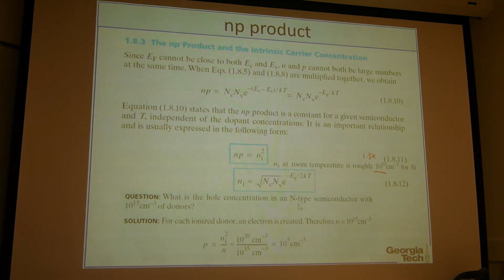First of all, this is an N-type semiconductor. That means you have donors, and the donors will contribute electrons. So one donor, one electron. Then you will get the electron density equals the donor density, and the donor density is given here as 10 to the power 15.